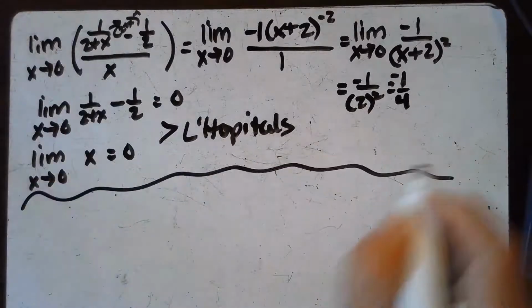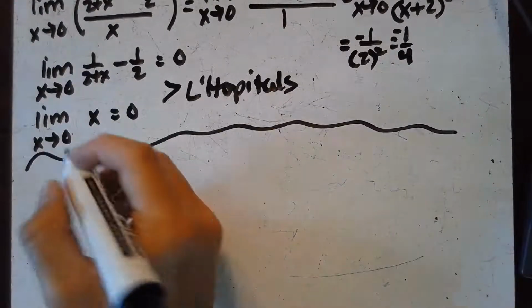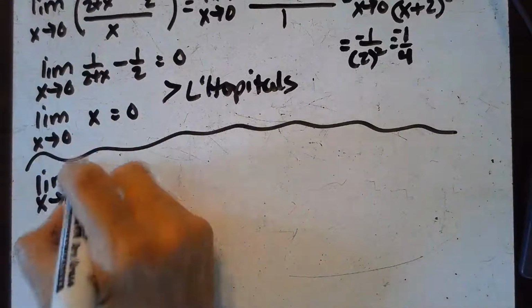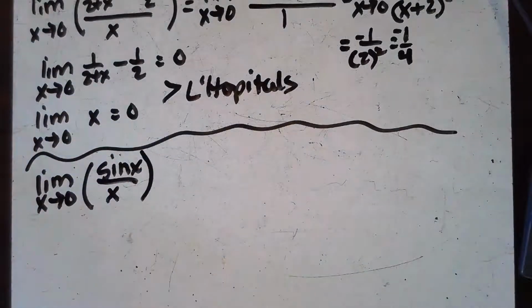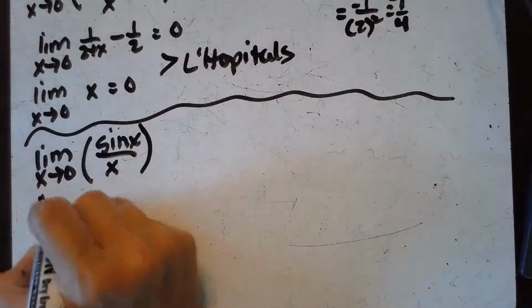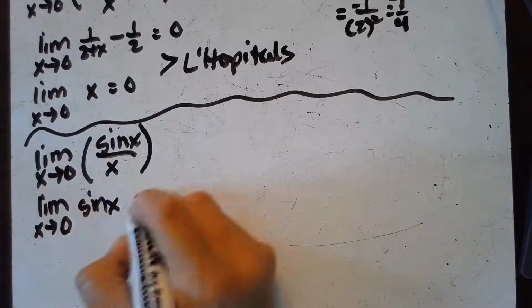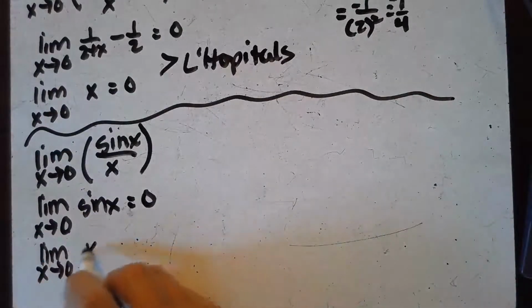All right, let's go look at another one. Remember I told you the other unit that the limit as x goes to 0 of sine x over x is 1. Well, let's verify that it is 1. Again, L'Hopital's. I know it's kind of redundant, and you're like, I don't want to do this, but please do. As I plug in 0, sine x goes to 0, and the limit as x approaches 0 of x also goes to 0.